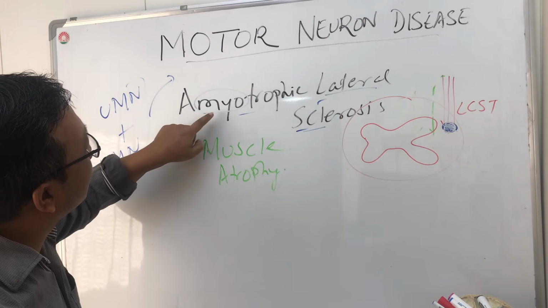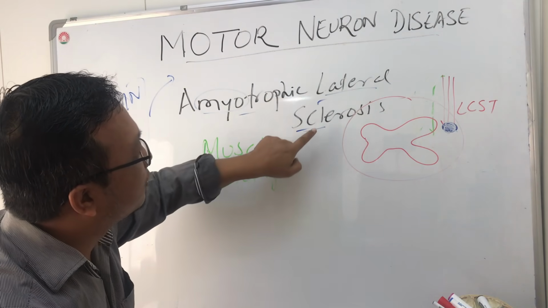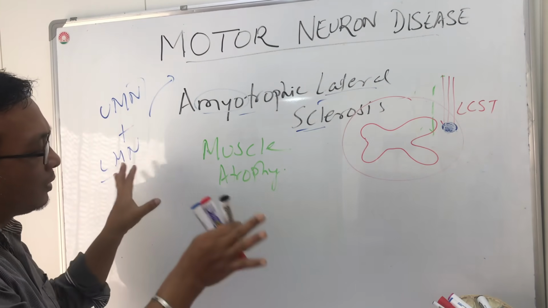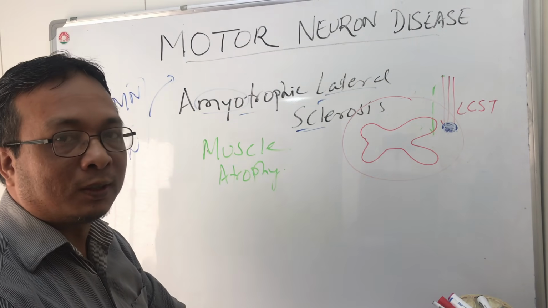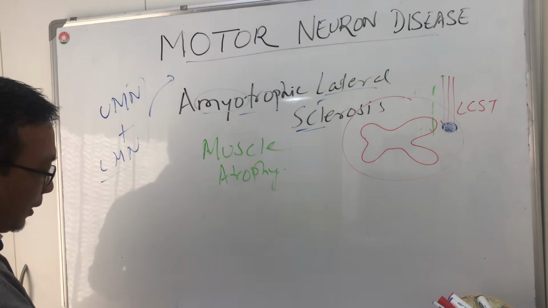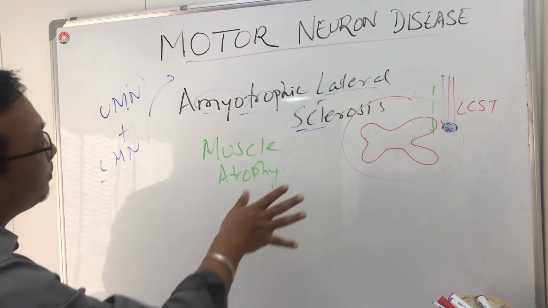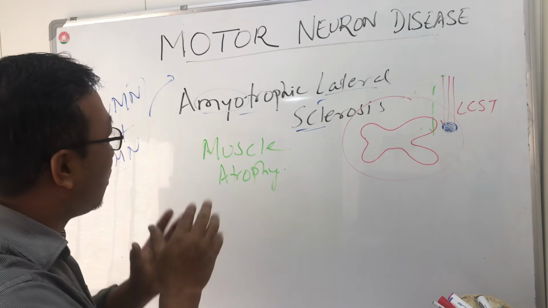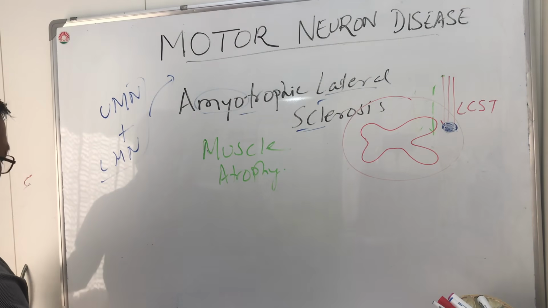So together we call this amyotrophic lateral sclerosis. This is just a hint on what this disease is. Now we'll go to the pathophysiology of motor neuron disease or amyotrophic lateral sclerosis.